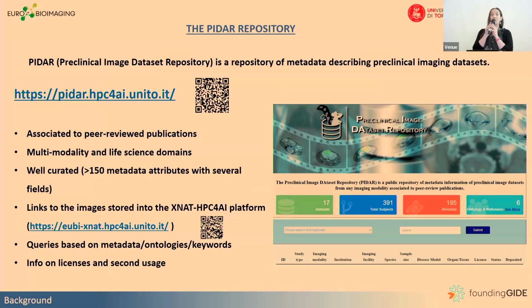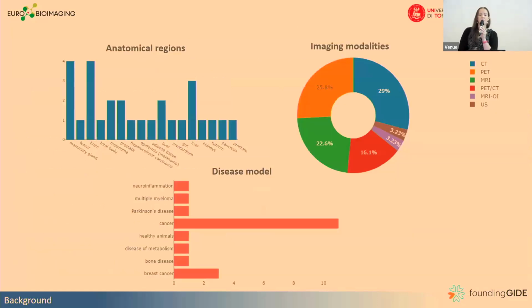It is a well-curated repository which has more than 150 metadata attributes that include several fields. And then it includes the link to the XNet platform. You can find the link there as well. Here's an example.